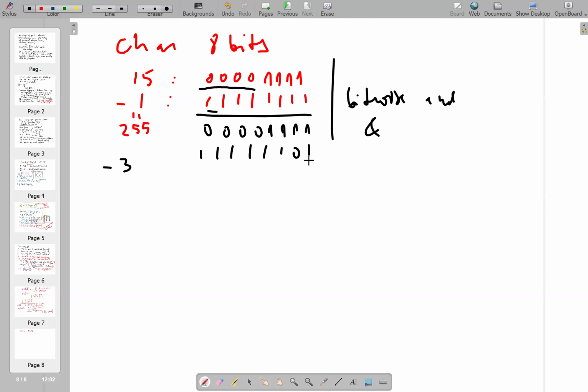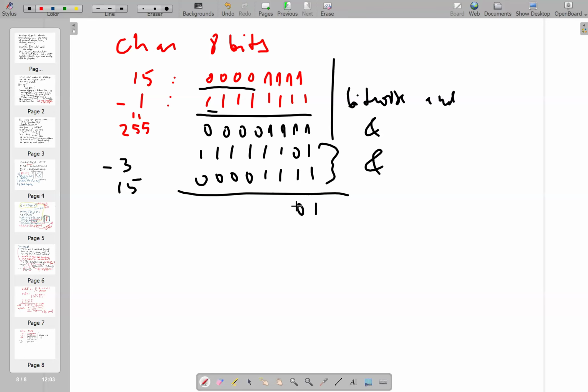And now let us make bitwise AND with 15. 15 is 0, 0, 0, 0, 1, 1, 1, 1. Now with those two numbers, bitwise AND is 1 and 1 is 1, 1 and 0 is 0, 1 and 1 is 1, 1 and 1 is 1, 1 and 0 is 0, 1 and 0 is 0, 1 and 0 is 0, 1 and 0 is 0.